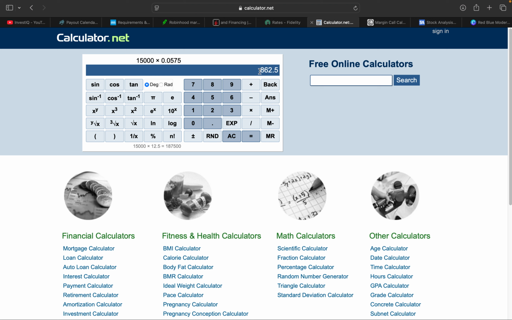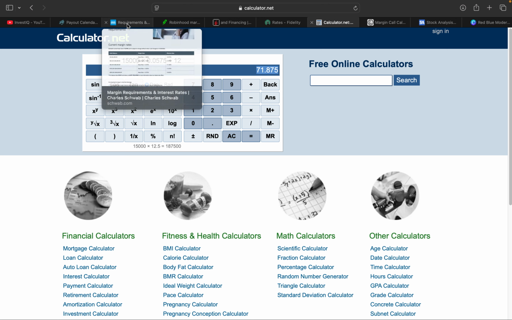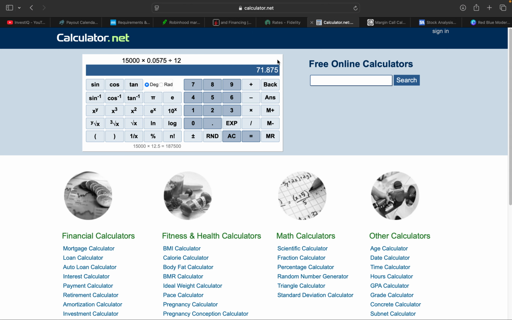You can already see that the margin interest is $862.50 for the year. Let's divide that by 12 for the whole year. You're paying $71 a month in margin interest. So you can see that dramatic change between $150 plus with Charles Schwab compared to Robinhood.